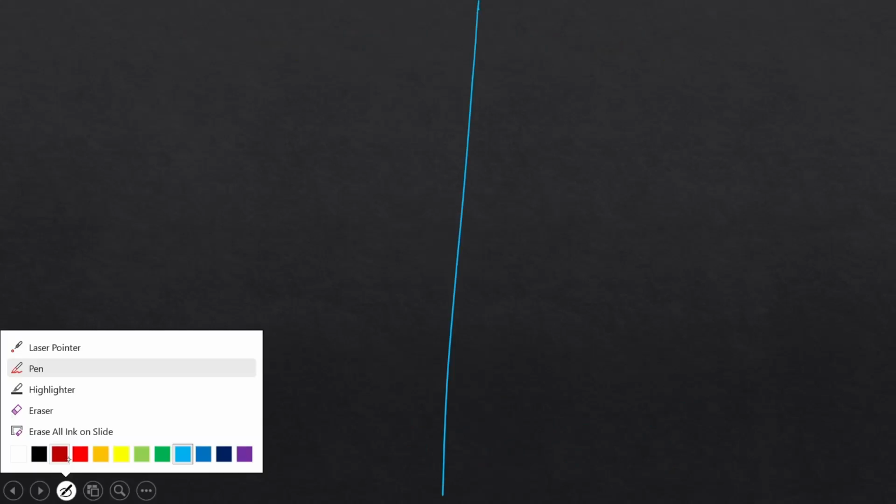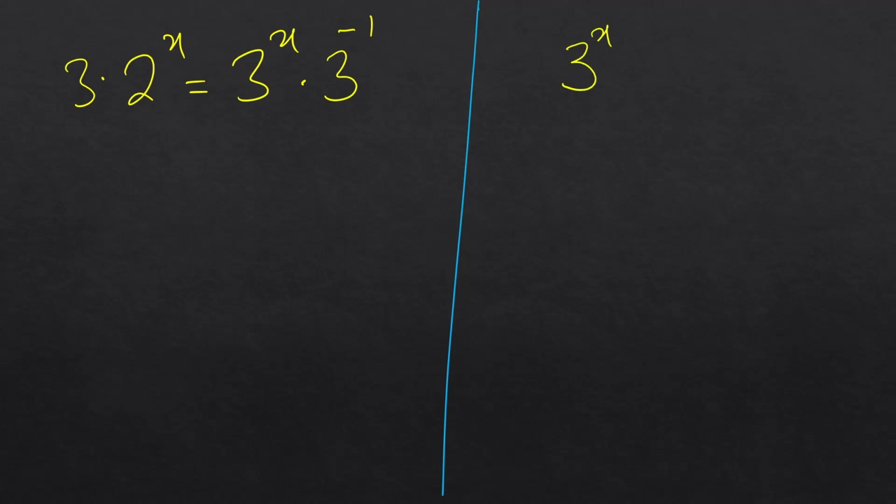So what else am I going to do? At that point, let me see what we have left. We have 3 dot 2 raised to x is equal to 3 raised to x dot 3 raised to minus 1. Now, remember that in the law of indices, 3 raised to x minus 1 simply means 3 raised to x, then divide by 3.